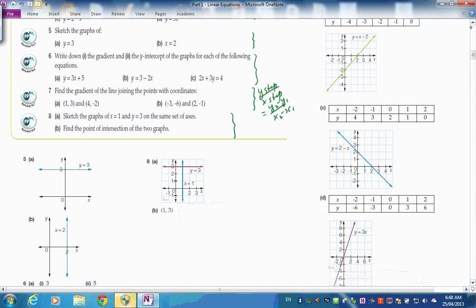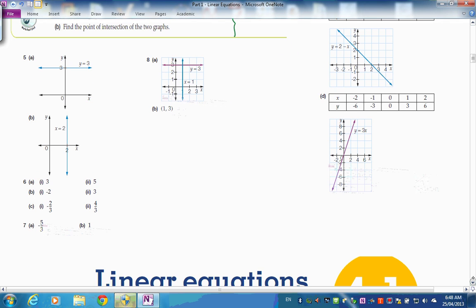Okay, just go up a little bit to question 5 there now, sketching those graphs, and 5, 6, 7 and 8, and the answers to those are down here, of course. Alright, so I'd like you to toggle back and do those problems and check your answers just as a bit of a brush up there. Alright, let's move on.